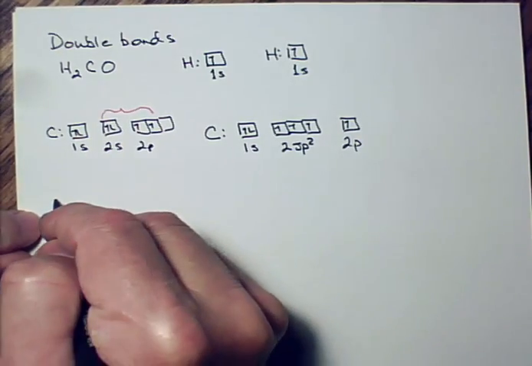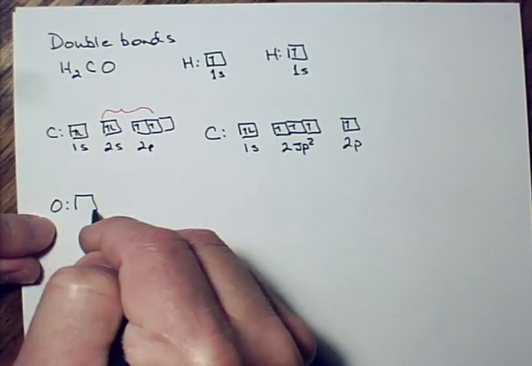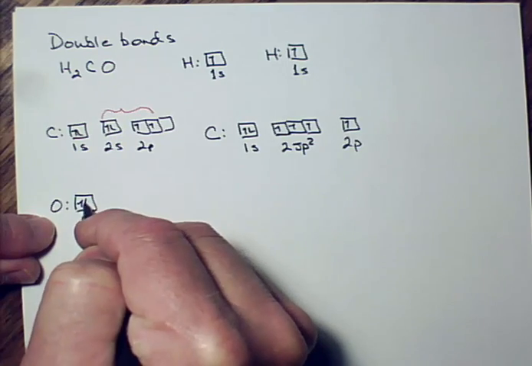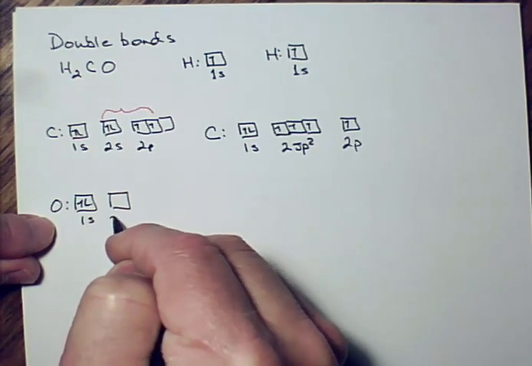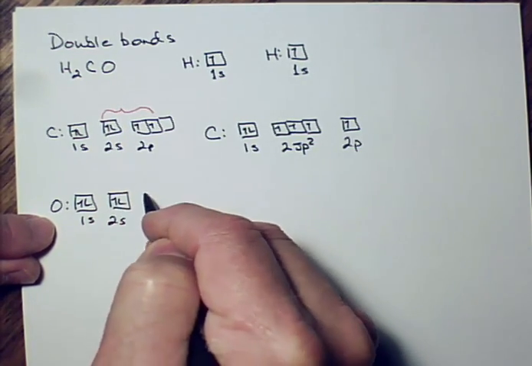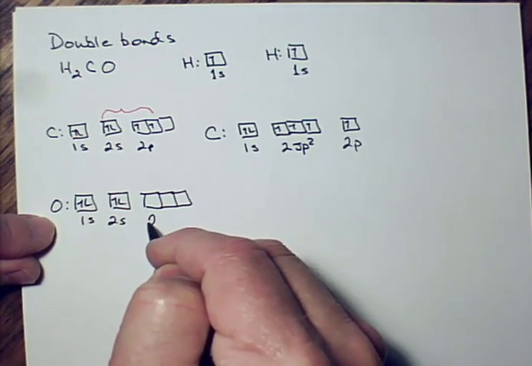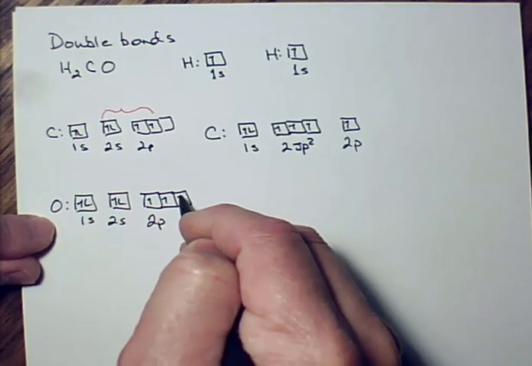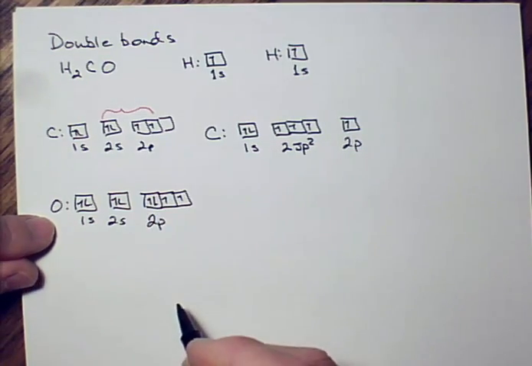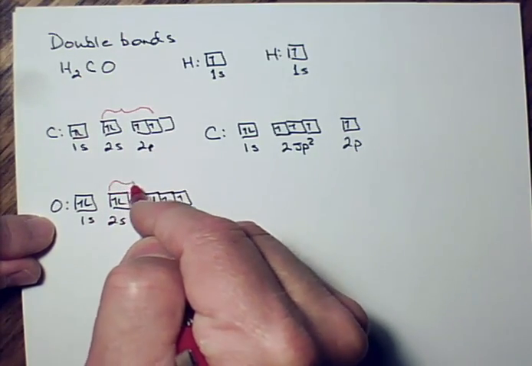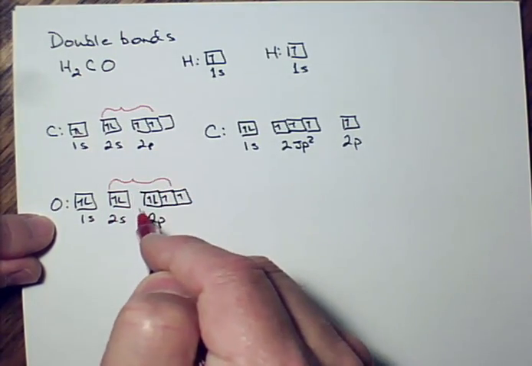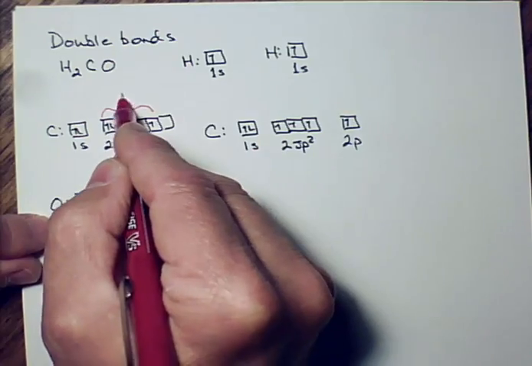All right, so oxygen works the same way. We start with oxygen being unhybridized over here. And oxygen has 4 electrons in 2p, 1, 2, 3, 4. And we hybridize that as well to sp2, so we're only going to use 1s and 2 of the p orbitals to get our hybridization.